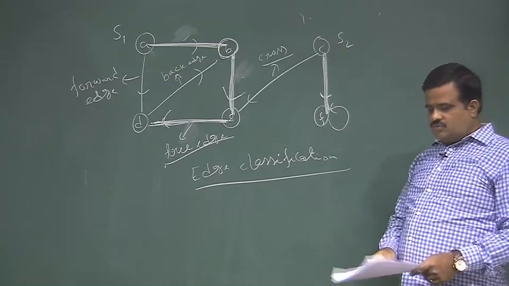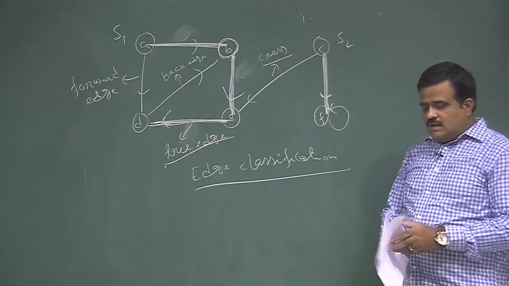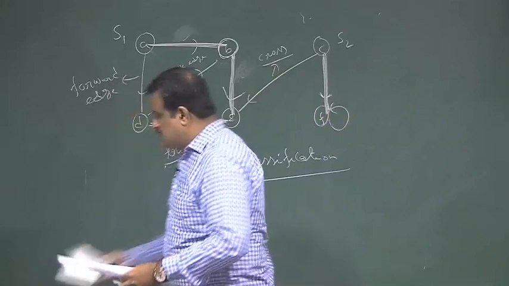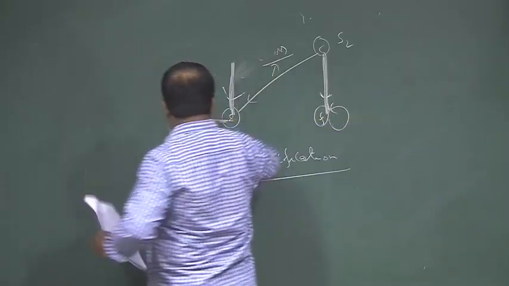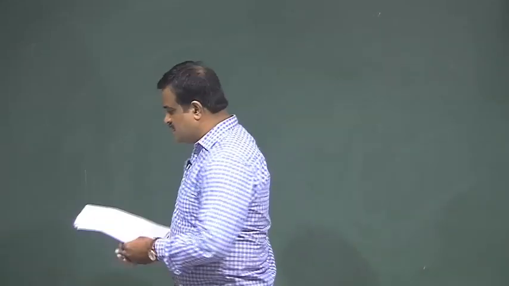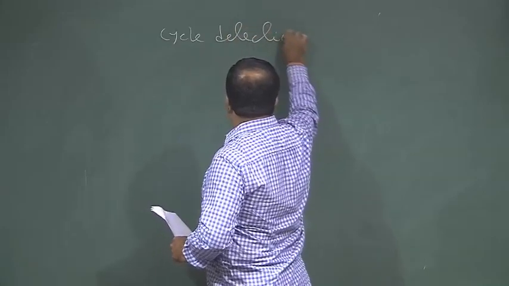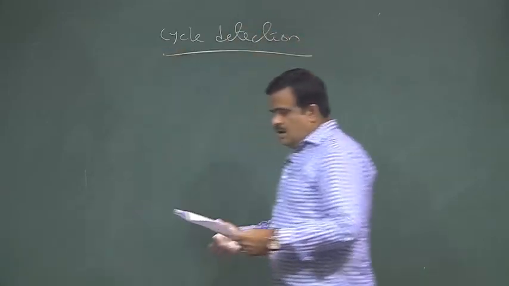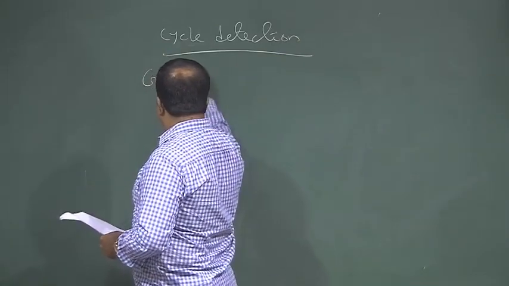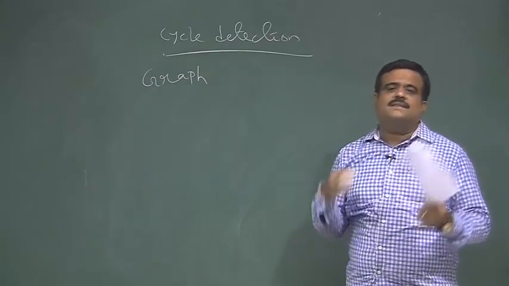So, this will help us with some applications, like cycle detection. So, let us just quickly have that. One application is cycle detection, how to detect whether a graph has a cycle or not. Given a graph, this is the theorem: if there is a back edge, then there is a cycle.